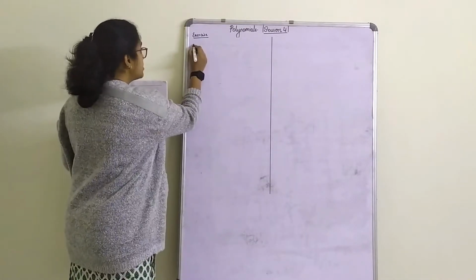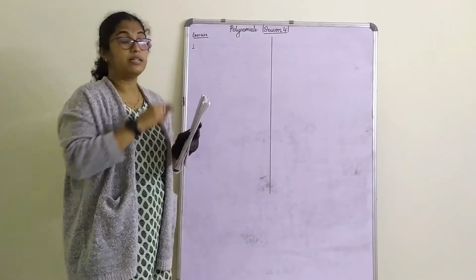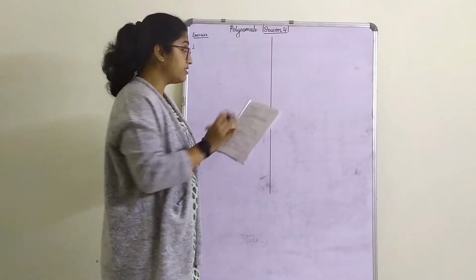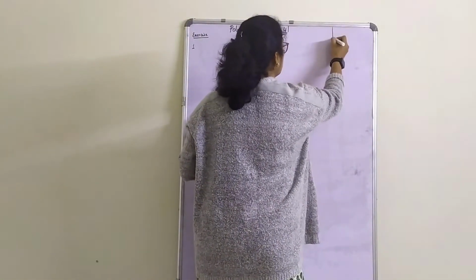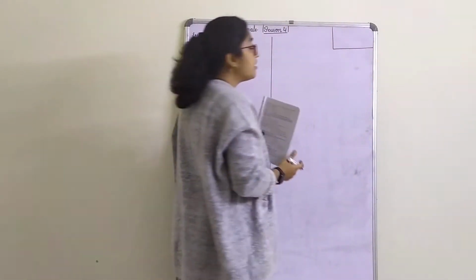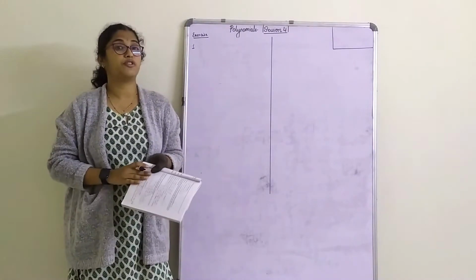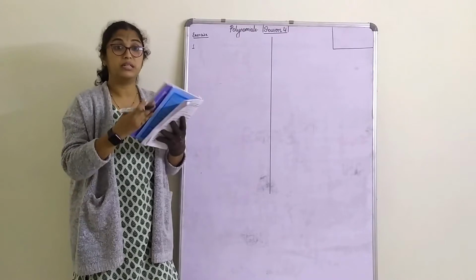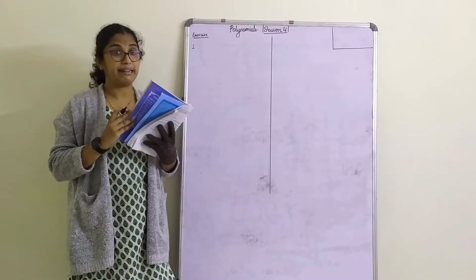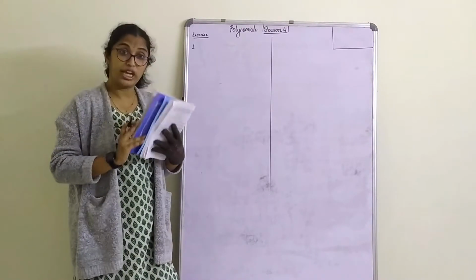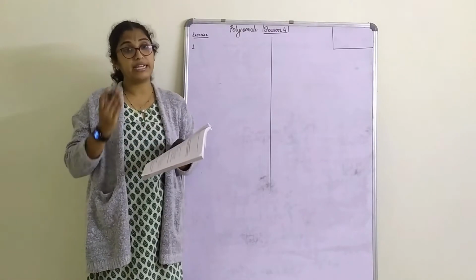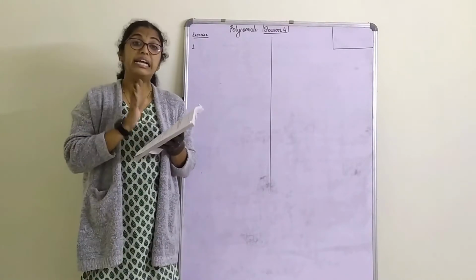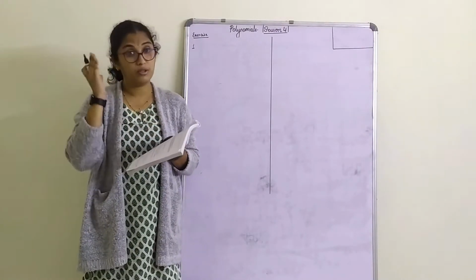So in the first main question, today I'll write the homework part there so that it stays till the end of the session. Since the homework is from the textbook only, you can check the answers from the back of the textbook. If you get the right answer, put a tick mark. If you get a wrong answer, try it once again.